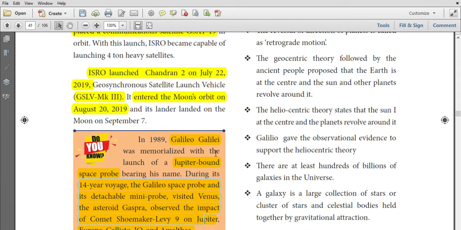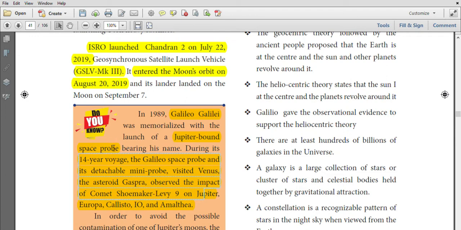Galileo is a Jupiter-bound space probe. After a 14-year voyage, it reached Jupiter. The Galileo spacecraft and its detachable mini probe visited Venus.